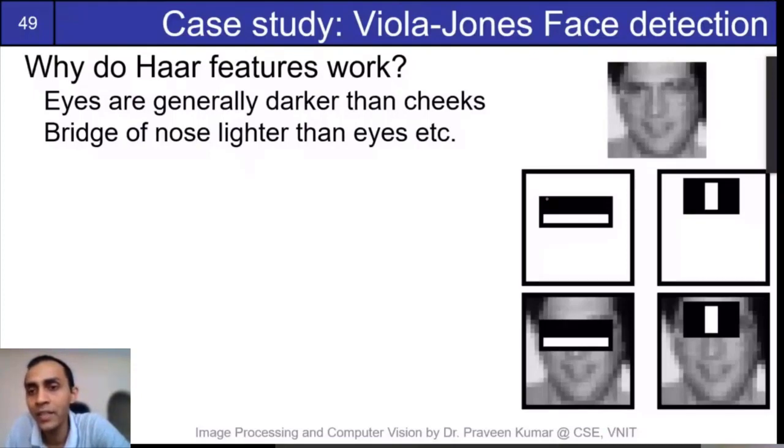For example, let us take these 2 simple Haar features. As you can see, this type of filter is very useful for detecting eye regions.